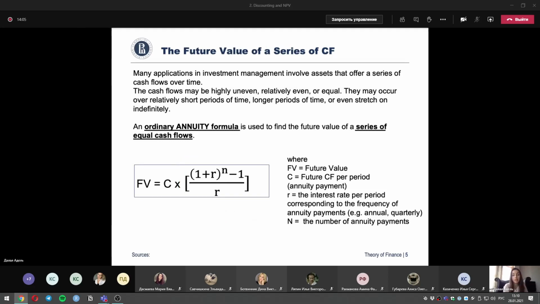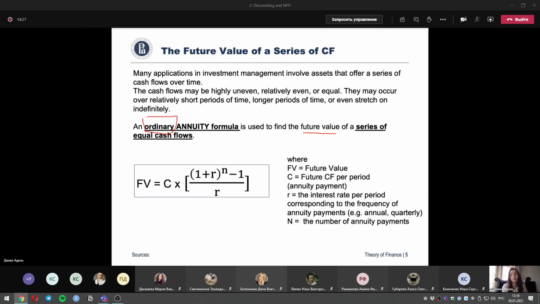Okay, the same thing as the present value of a series of cash flows, we can calculate the future value of a series of equal cash flows. So here you again can see an ordinary annuity for future value, where C is our cash flow. Here you have a bit more complex formula.